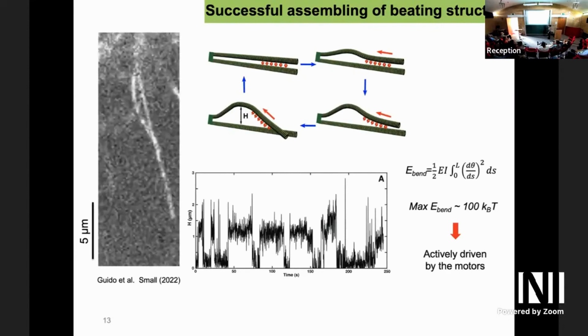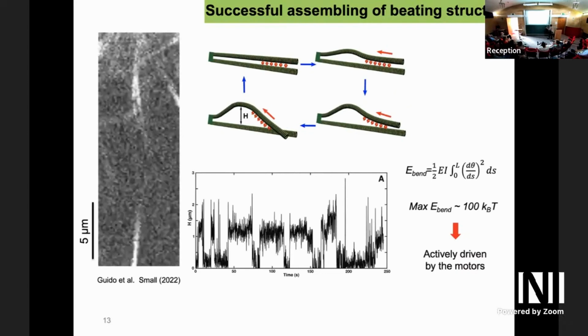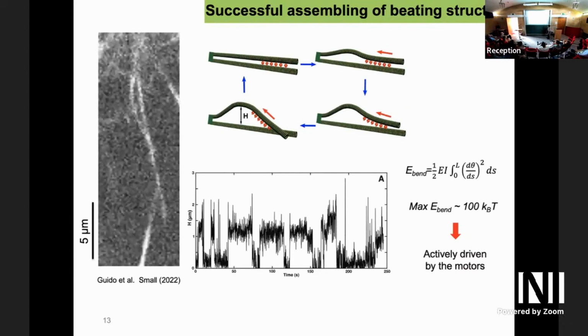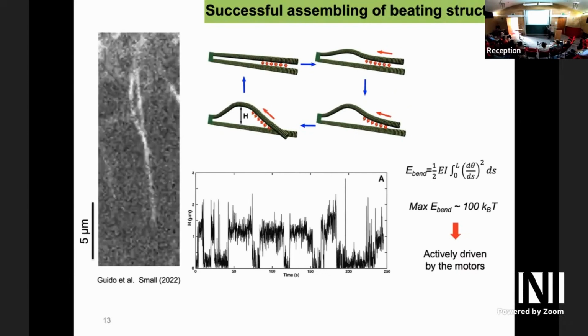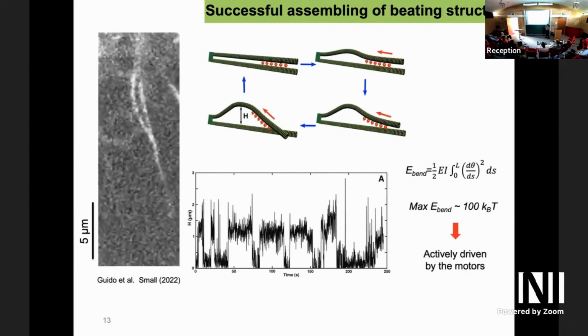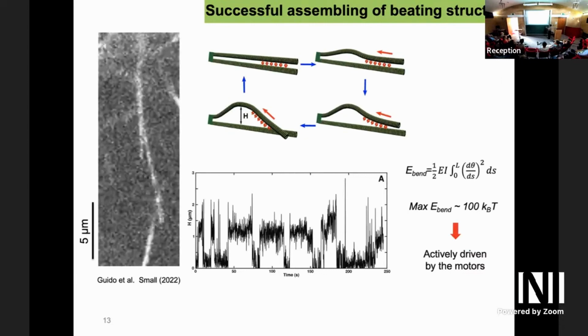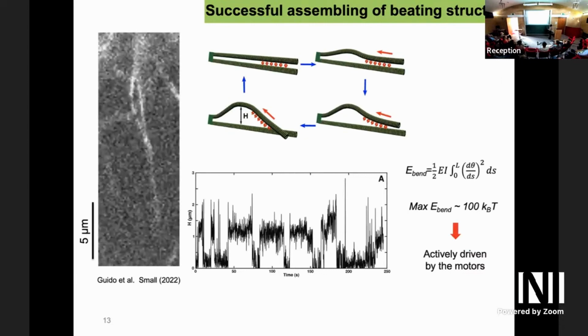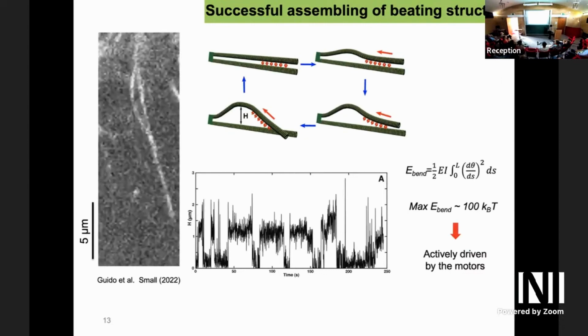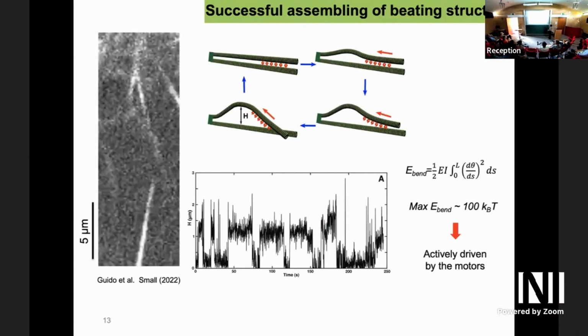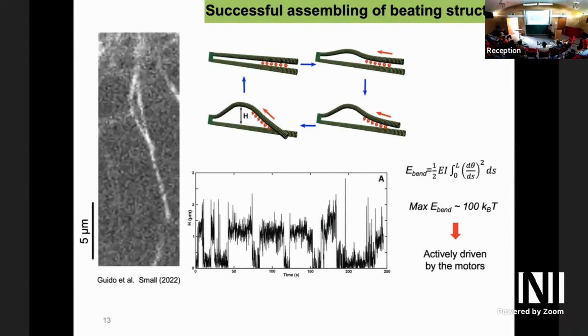These states have different durations, from 3 to 30 seconds, and they are characterized by a transition between the two states that takes something like hundreds of milliseconds, and this can be a hint for the collaborative work of these patches of motors.